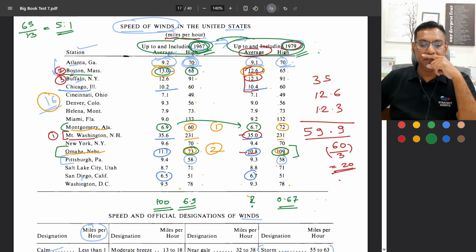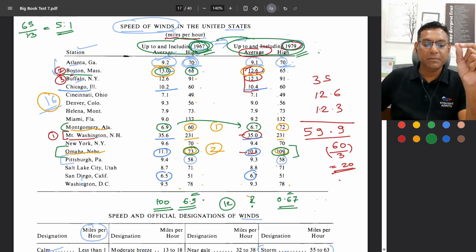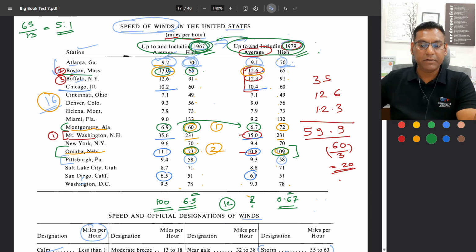Okay, that means in these 12 years, I'm not talking about any particular one, the average winds have been flowing at slightly less speed than till 1967. That much I can say. But again, that's an average. Obviously there could be one wind that was recorded much higher, which is indeed the case here, because see, 60 to 72, there was a jump.